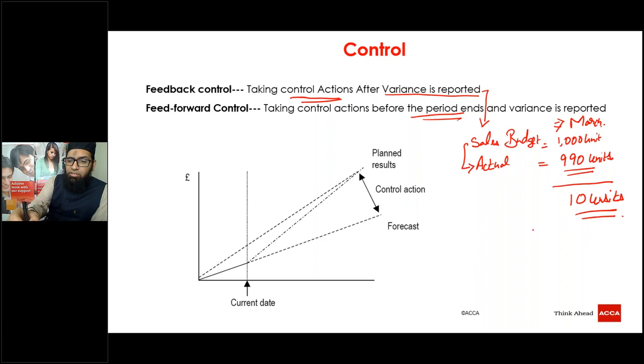Now let's suppose in the example that we have set the budget of 1,000 units. But now today is 15th of March. It's not the end of March, it is the 15th of March. Now, on 15th of March, you have seen that the actual sales are 490 units.